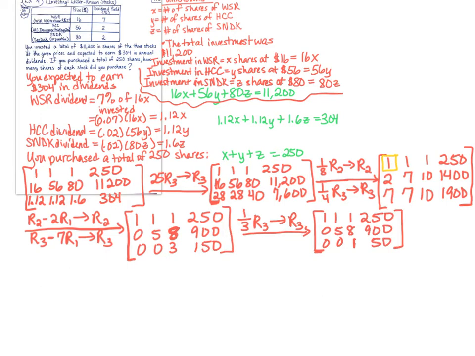Okay. So this is looking good. So what can we do to make this one a 0 here? So now our pivot is going to be this 5. So how do we use it? Talk loud, please.